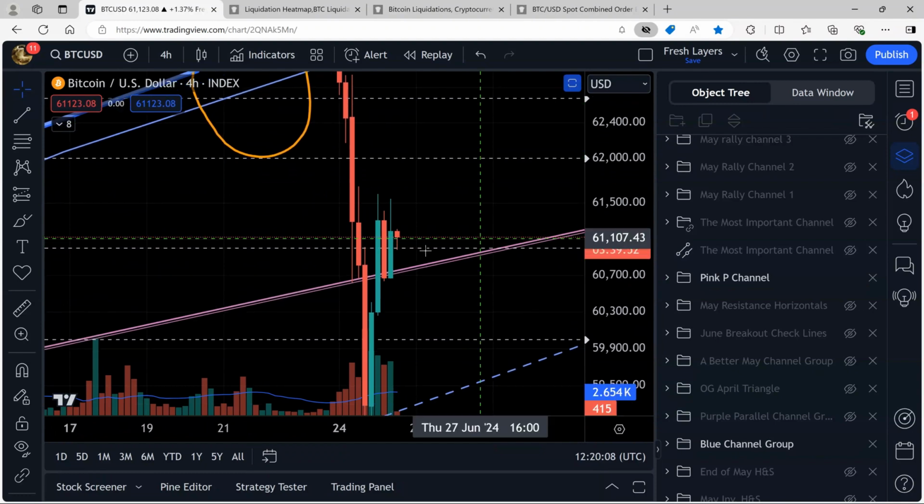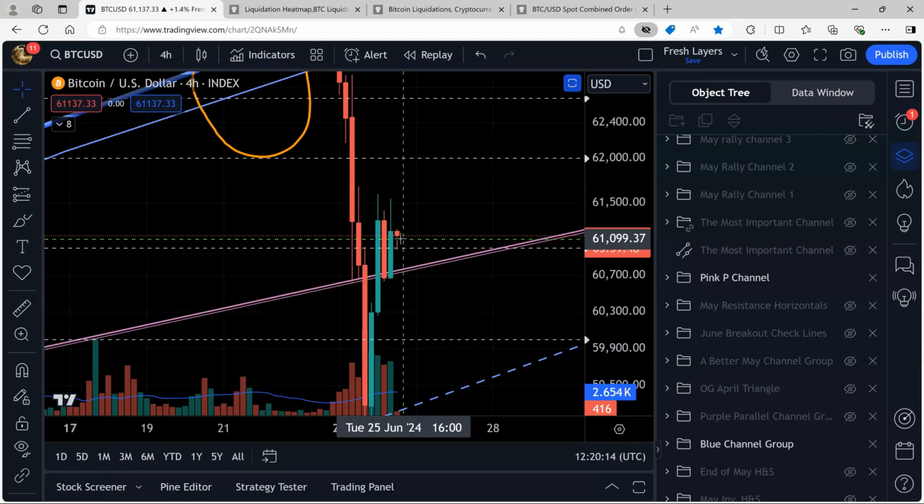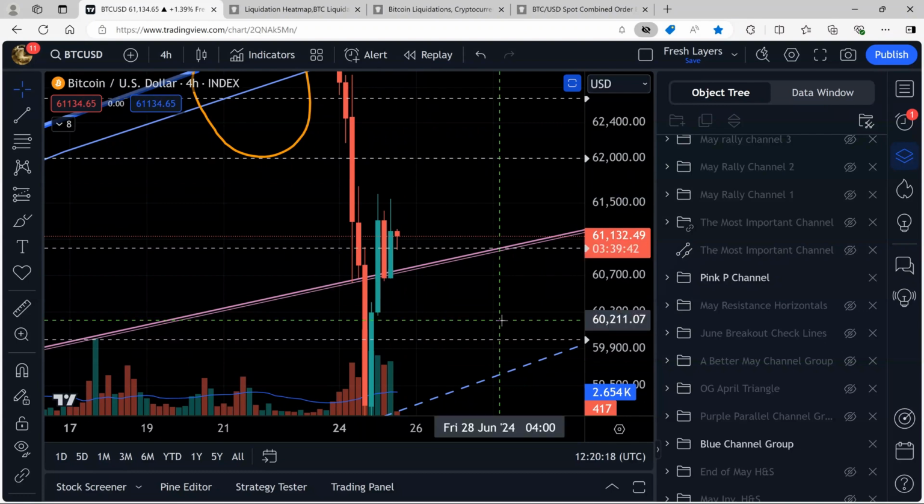That alert said that we just came down to 61,000, and it's acted as support, and we are continuing back upwards on this 4 hour candle, which we just started. So that makes sense, and that's good. It's a good set of candles right there.